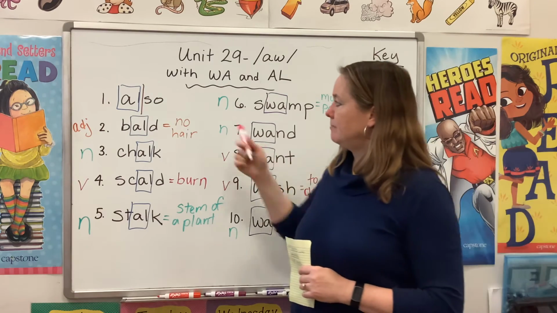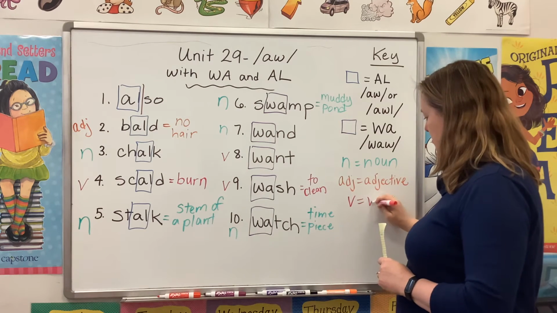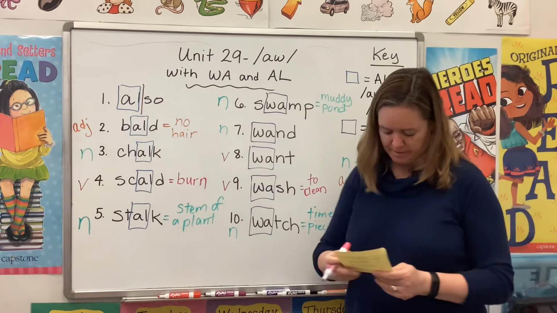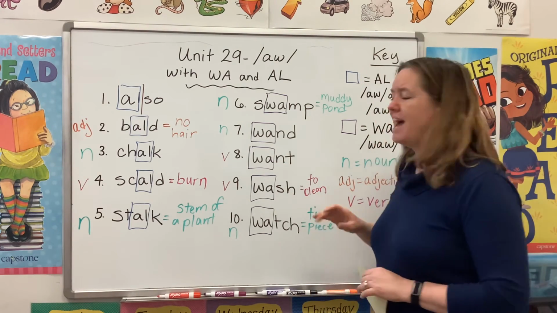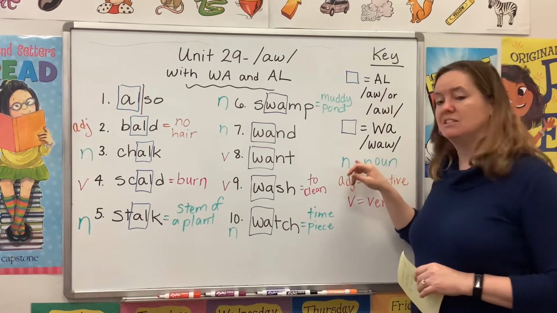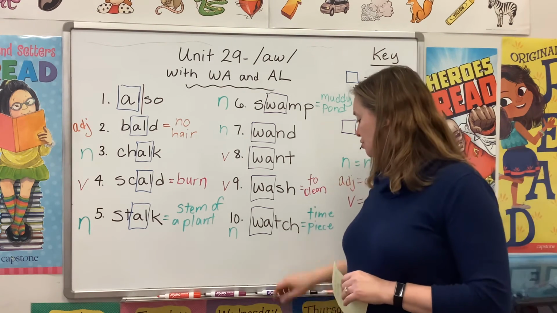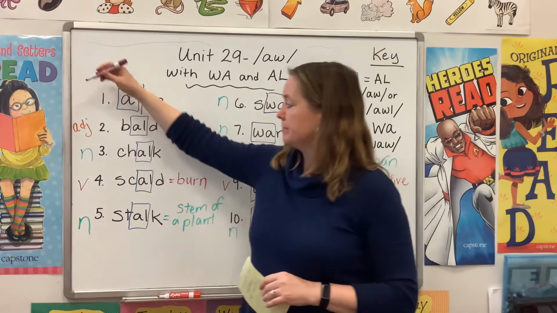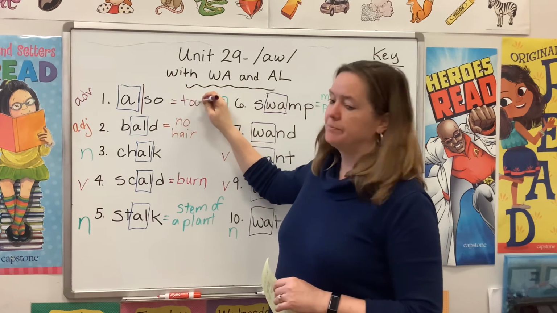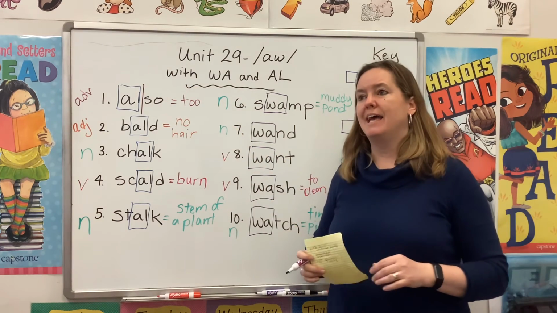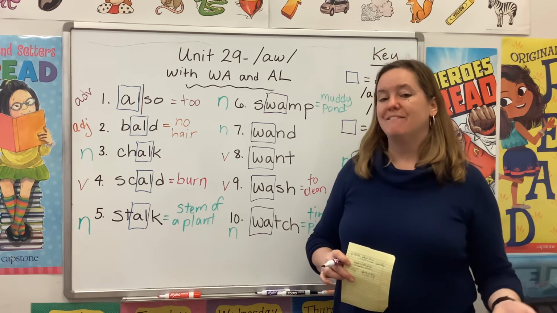Okay. Notice there's one word I haven't talked about yet. V equals verb. And the word is also. So you know how adjectives add detail to nouns? Adverbs add detail to verbs. So also means too, okay? So I could say, I cleaned my room. I also vacuumed it.